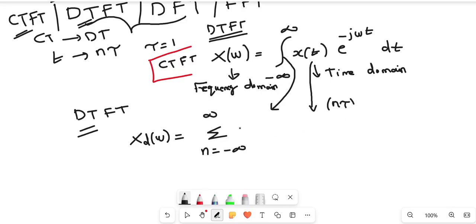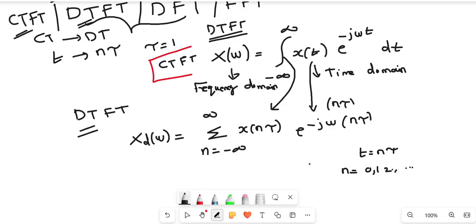So you can replace with x of n tau into e power minus j omega n tau, where t is equal to n tau and n is 0, 1, 2, integers like that. So the integration is changed to summation in discrete version, and t is changed into n tau.